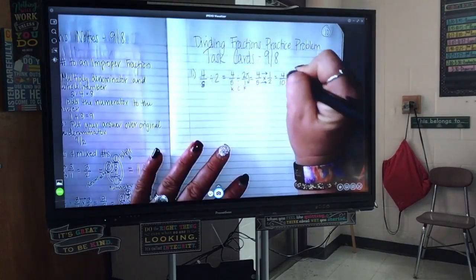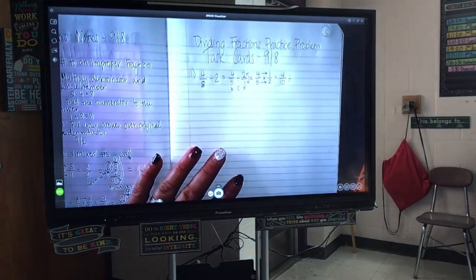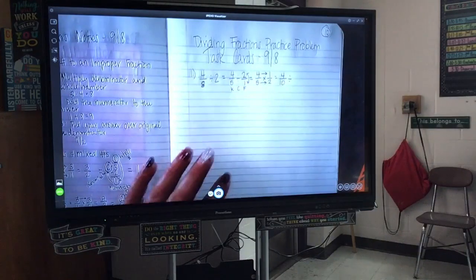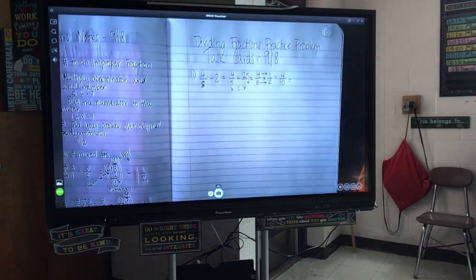All right, so I'm going to divide this by 4. Well, 10 and 4 are both even numbers, so it should work, right? 10 can't be divided by 4. Why not? It's an even number. Tyra, why? You just see how many times 4 can go into 10.